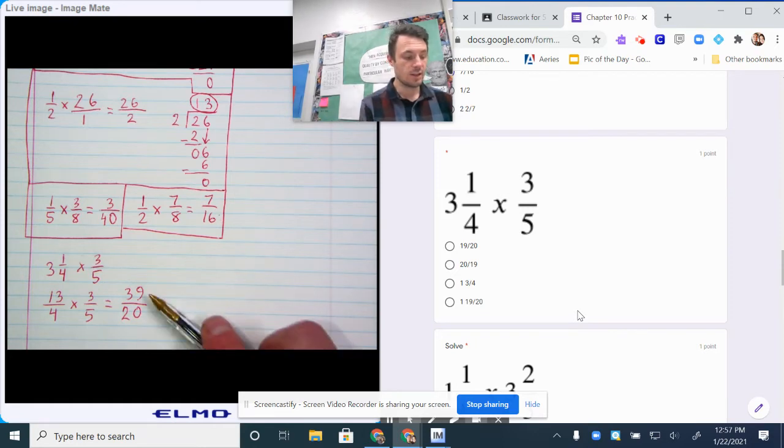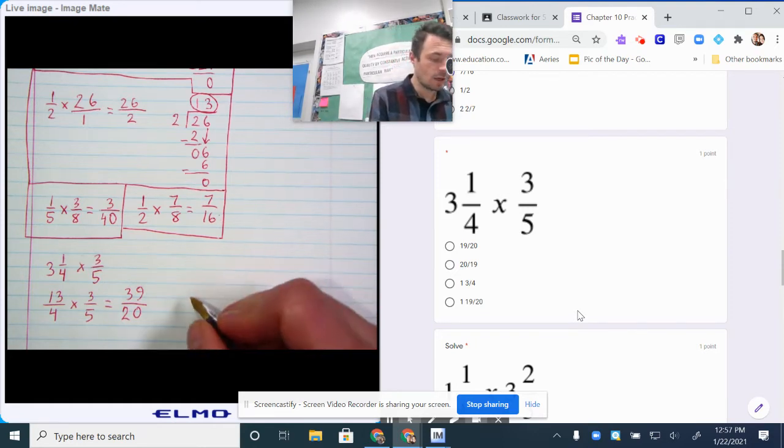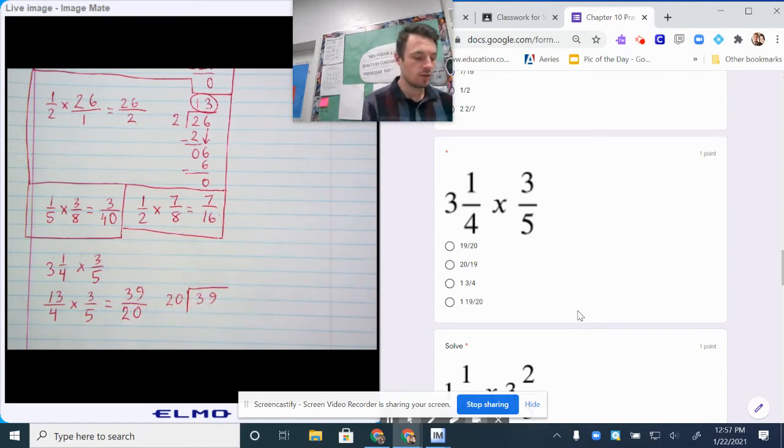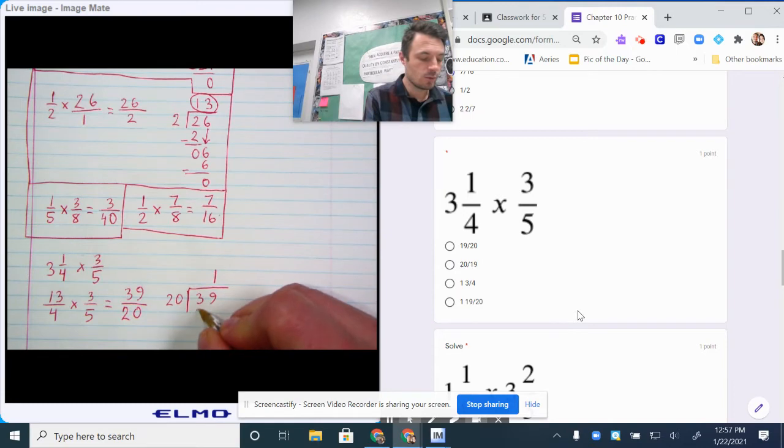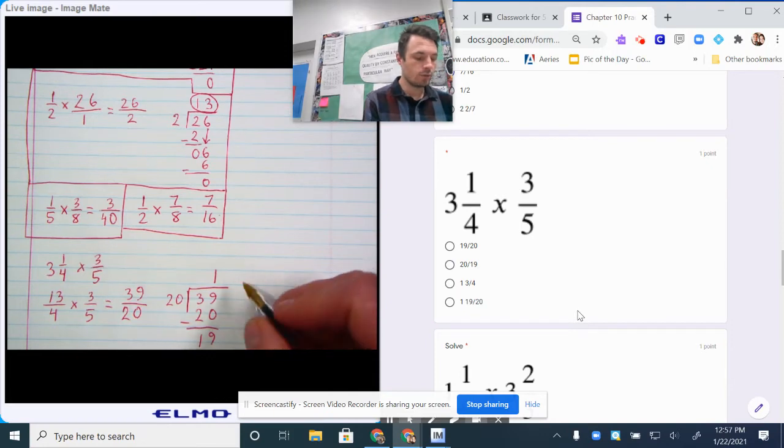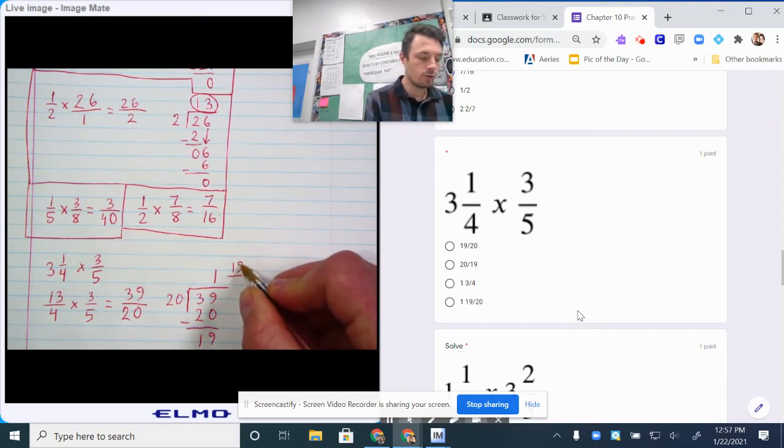39/20. We can't leave that answer the way it is because it's an improper fraction, so we have to divide the denominator into the numerator. 20 can fit into 39 only one time because double 20 would be 40. That's too big. 1 times 20 is 20. 9 minus 0 is 9. 3 minus 2 is 1. Whatever your remainder is becomes your numerator.